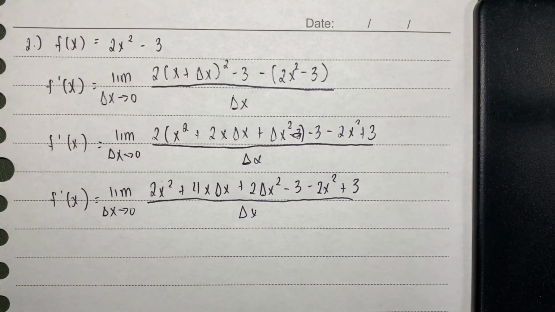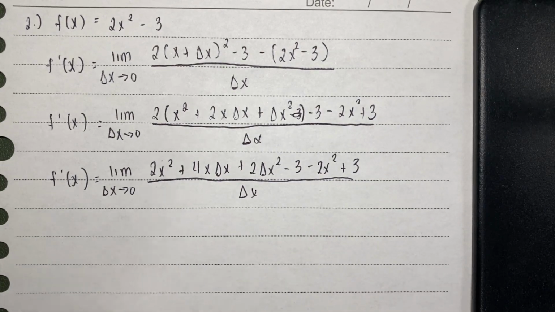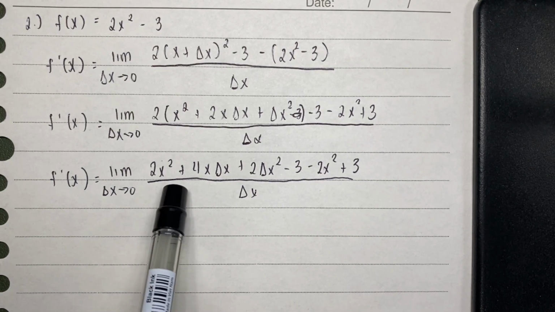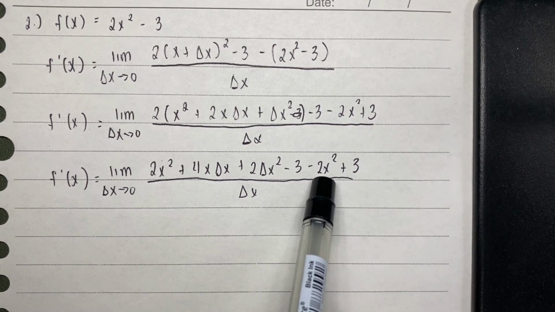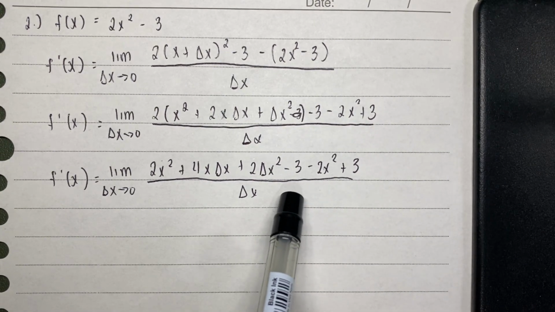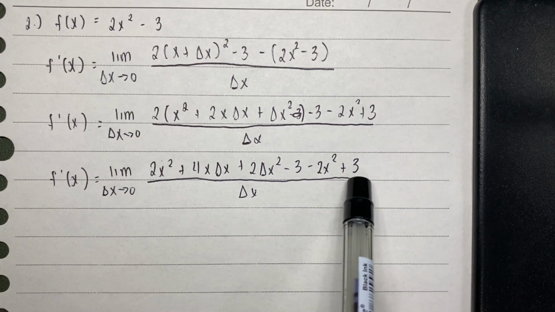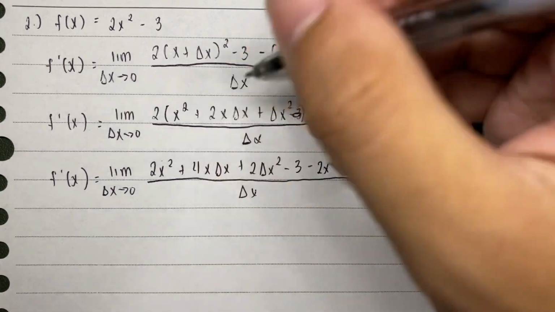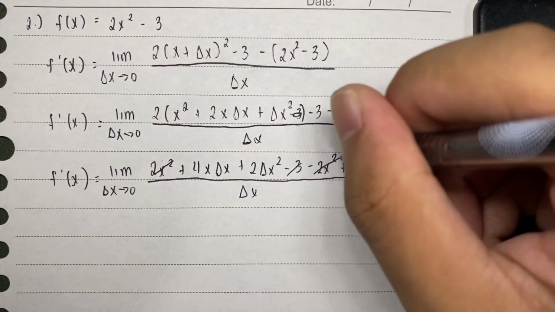Let's try to see if we can cancel some terms in the numerator. You can see that 2x squared and negative 2x squared cancel each other out since it equates to 0, as well as negative 3 plus positive 3, which also equates to 0. So cancel, cancel, cancel, cancel.